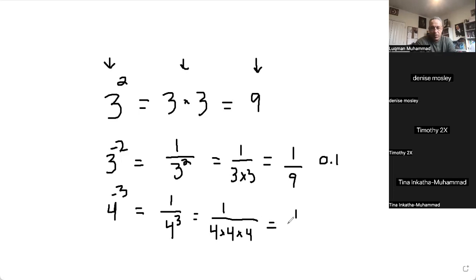Which is equal to 1 over what? That's 16 times 4, so 64. Okay, now if someone gets a calculator, what's 1 divided by 64? 0.01.